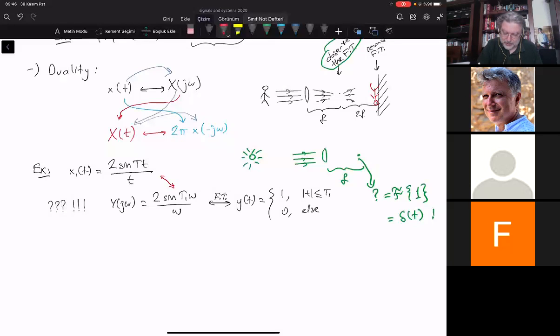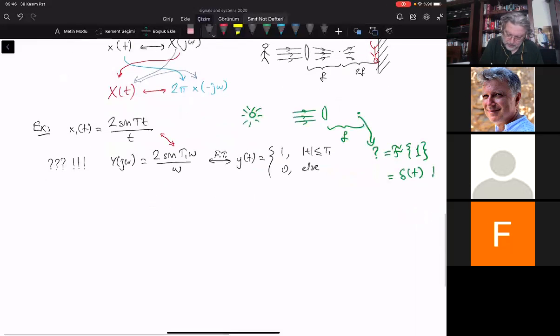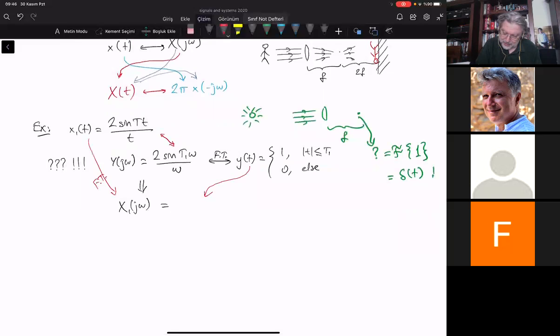So what is the Fourier transform of this x1 of t? Capital X1 of j omega, which is the Fourier transform of x1 of t, will therefore be equal to something related from here.